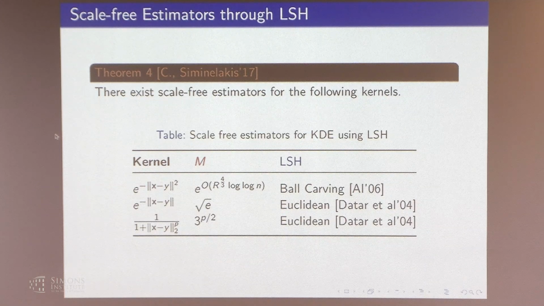Oh, I see. Are there situations where LSH actually doesn't help? So, as we'll see later, in some sense, how steep your kernel is, is a very important factor. In some sense, the Gaussian is very steep, right? But you could think of kernel values that are even steeper than that.